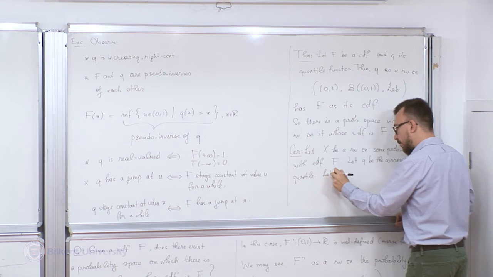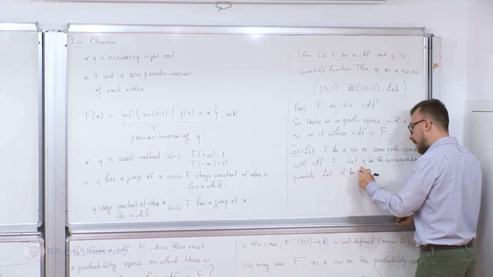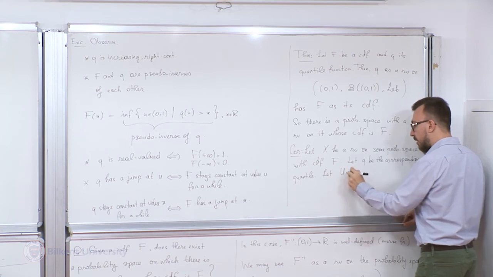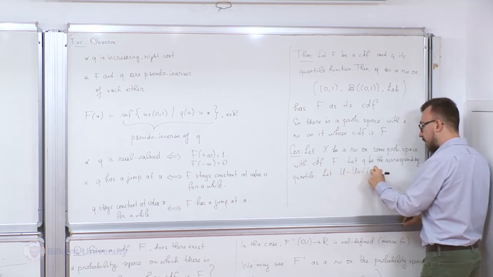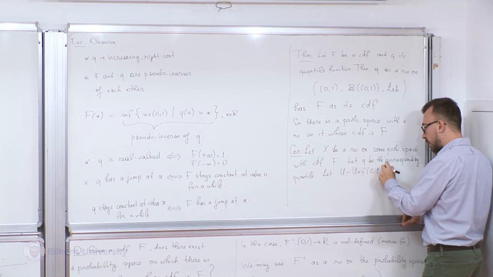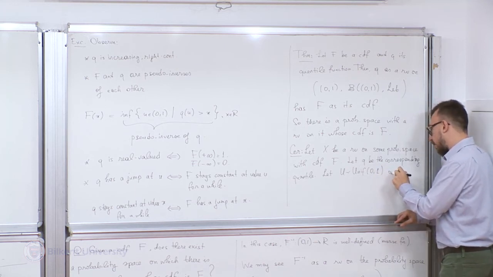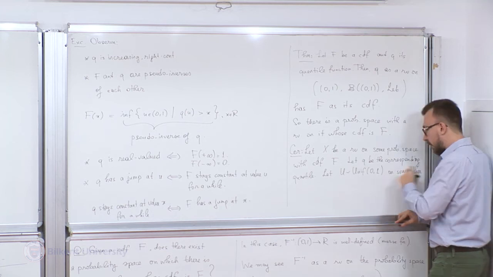Let U be a uniform random variable between 0 and 1 on some other probability space.